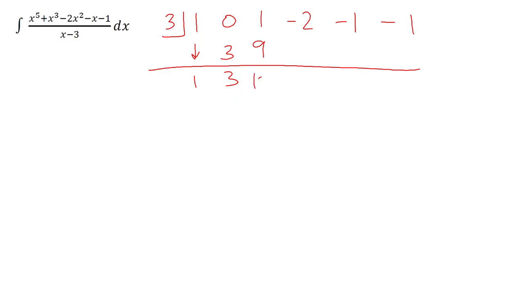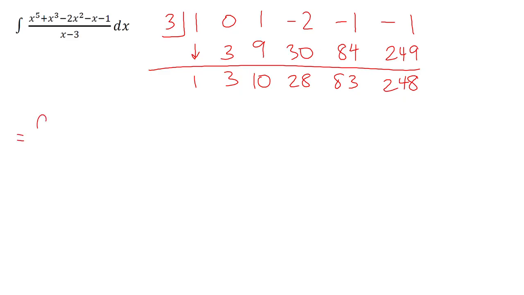Add the 1 and the 9 to get 10. 10 times 3 is 30. Negative 2 plus 30 is 28. 28 times 3 is 84. Negative 1 plus 84 is 83. 83 times 3 is 249. And negative 1 plus 249 is 248.